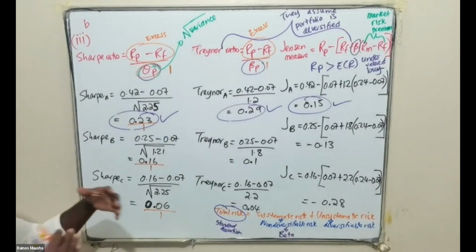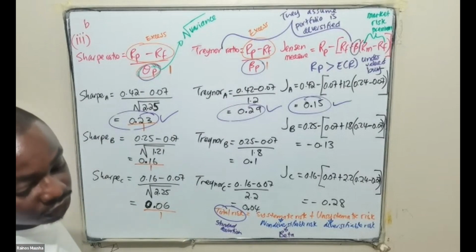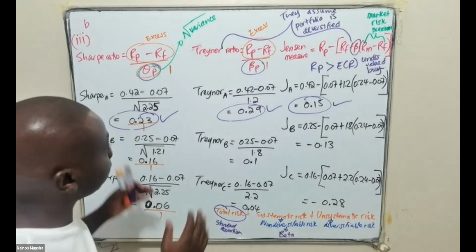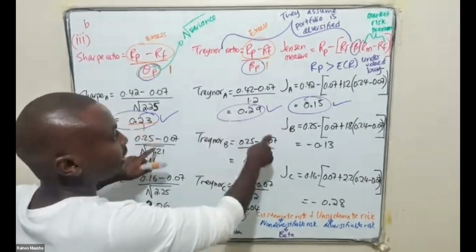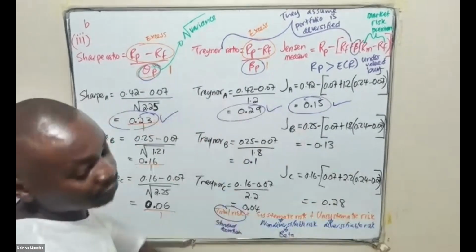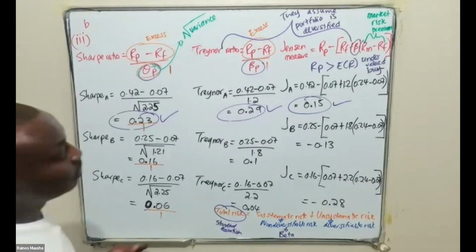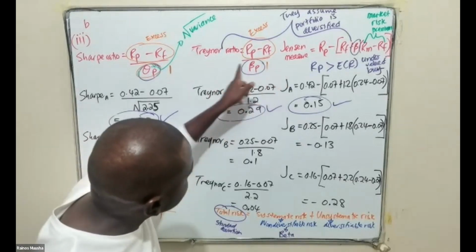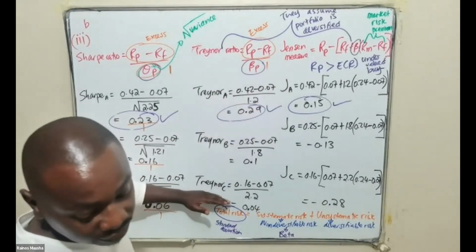So these are some of the things that if the lecturer tries to make this calculation a bit more difficult, or this question a bit more difficult, you might have a situation where there is a conflict of ranking between these different measures of performance. So whenever there's a conflict of ranking between these different measures of performance, check to see when we are using these ones, are we saying these portfolios are fully diversified?